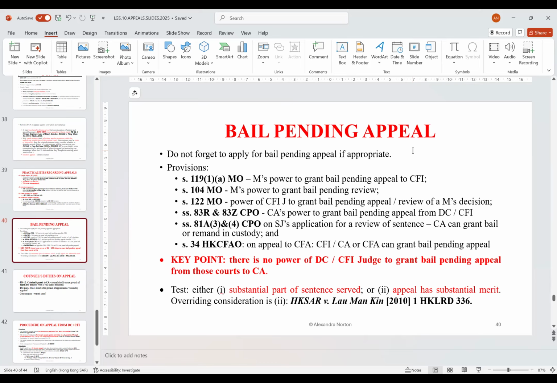He may abscond, and then he gets put back later once his appeal gets dismissed. So the overriding consideration is whether the appeal has substantial merit. And if there isn't substantial merit in your grounds of appeal, defendant won't get bail pending appeal. So if you've identified good grounds of appeal, then you should be advising on bail pending appeal for your client as well. Okay.